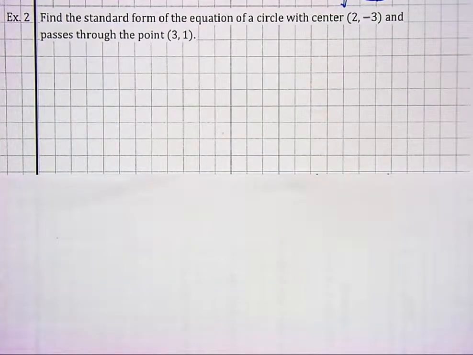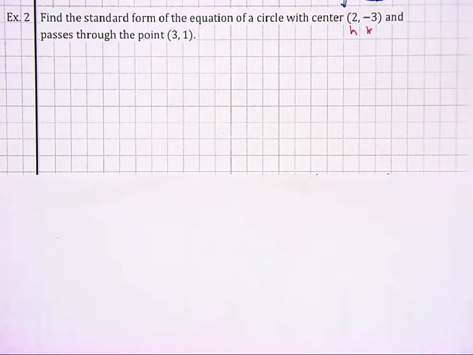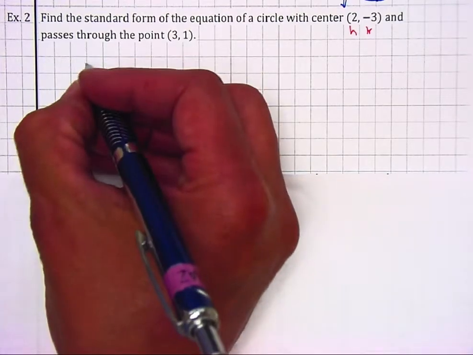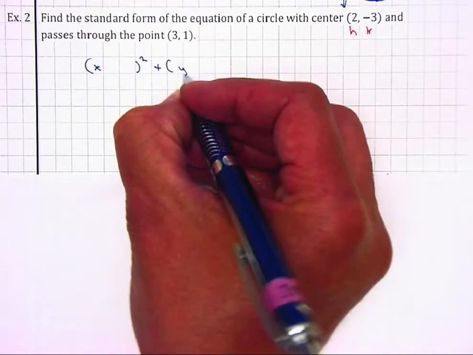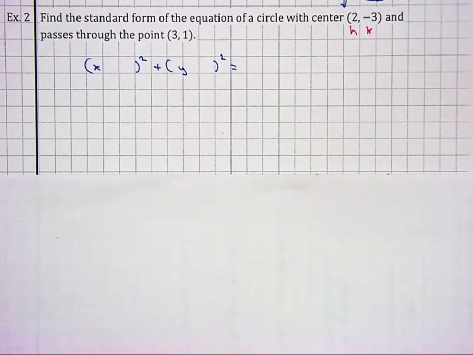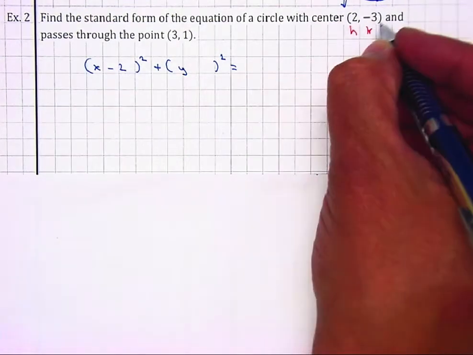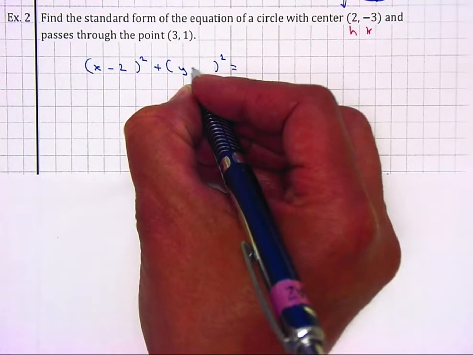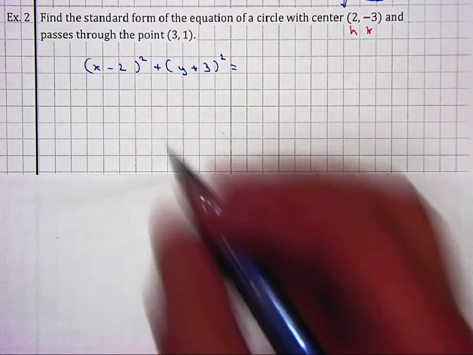So that'll be your H and K. I know the standard form of a circle is x squared plus y squared equals your radius squared. So therefore, H is 2, that'll be minus 2. K is positive 3.